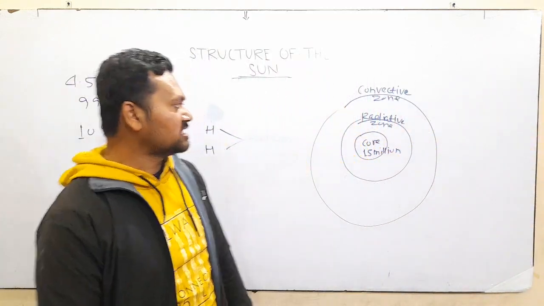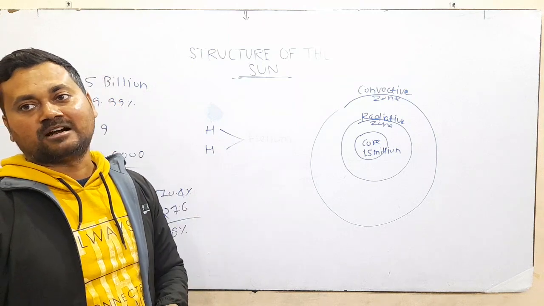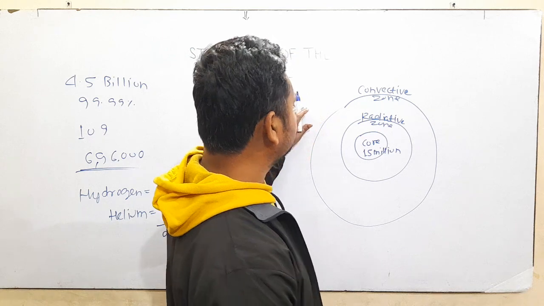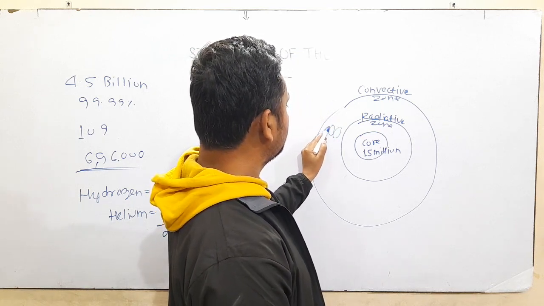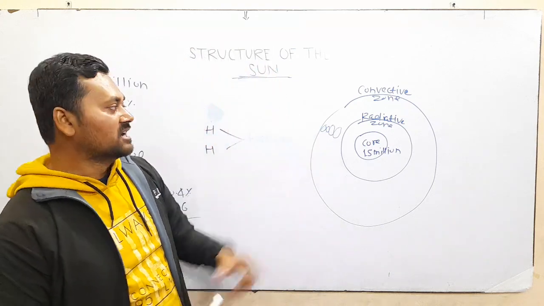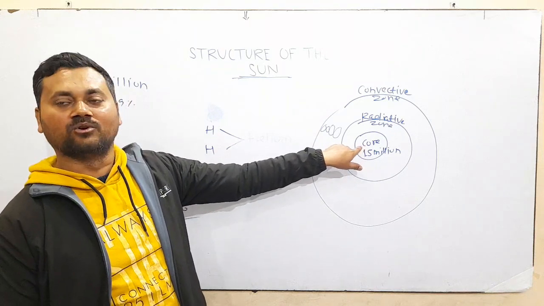And in this convective zone, hydrogen cells are present. So hydrogen cells means, like this. These kinds of hydrogen cells are present, and the energy formed in the core starts going towards this direction.